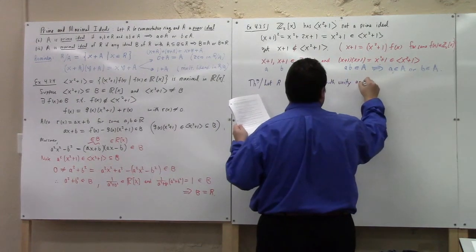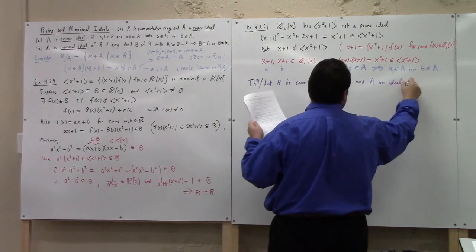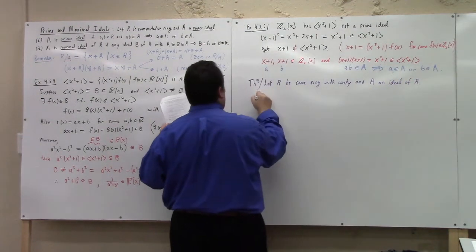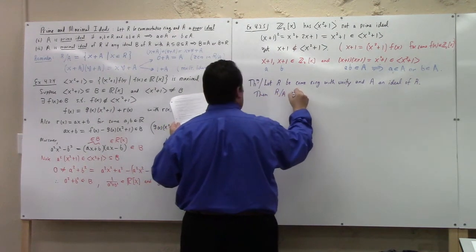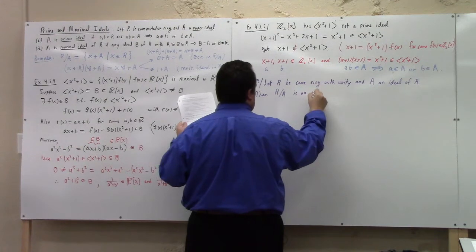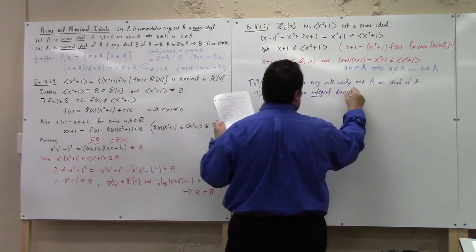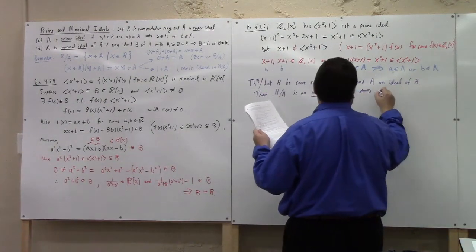And let A be an ideal of R. Then the quotient ring R/A is an integral domain if and only if A is prime.